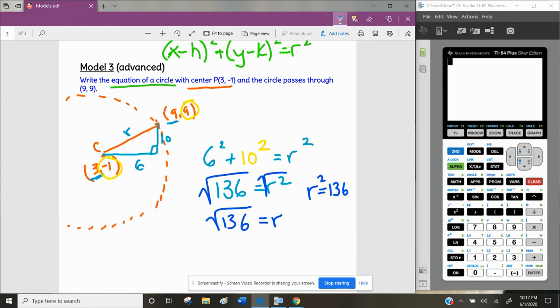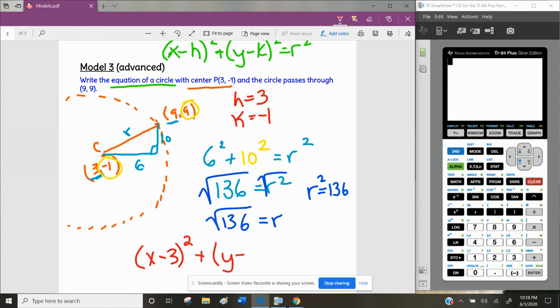So we're going to do the last step, which is to substitute in. So our center has an h of 3 and a k of -1. Remember, when we plug in the center into the equation, we put the opposite sign of what we see. So since h was 3, we have a -3 in our equation.